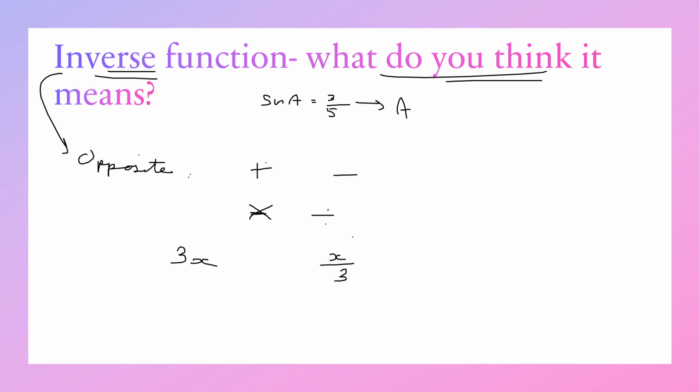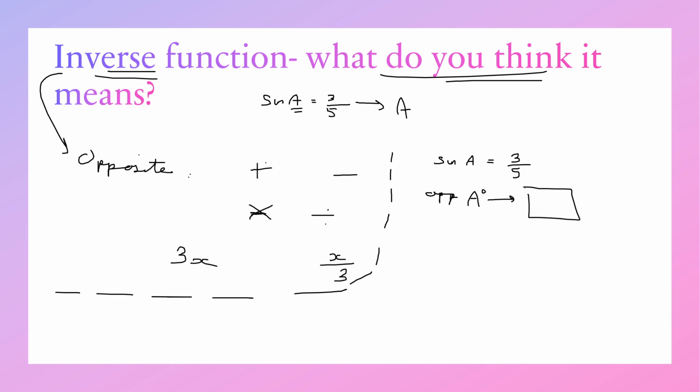In the same way, we need to use inverse functions to find out what this value here is. So if I told you that sine A equals 3/5, what sine is telling me is, if I have the angle and I'm putting it into sine, it's telling me what opposite over hypotenuse is.